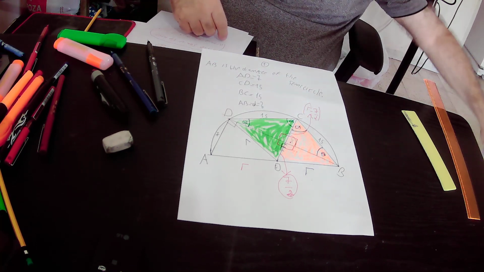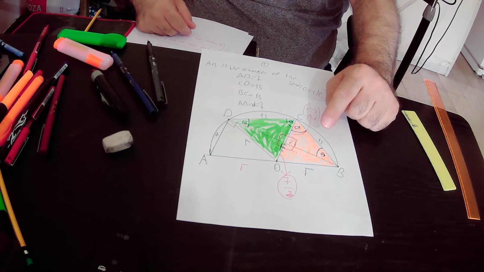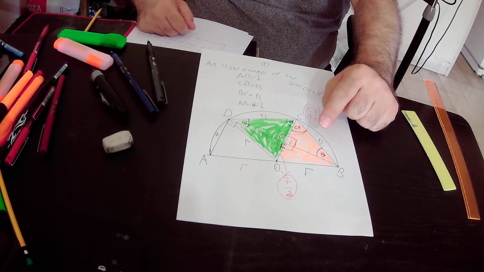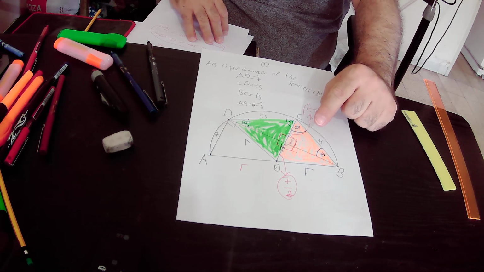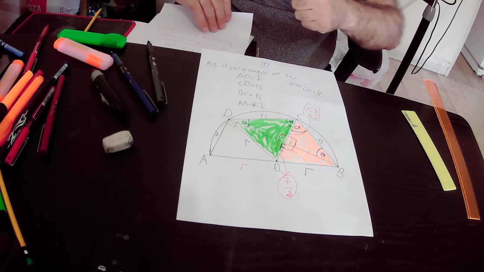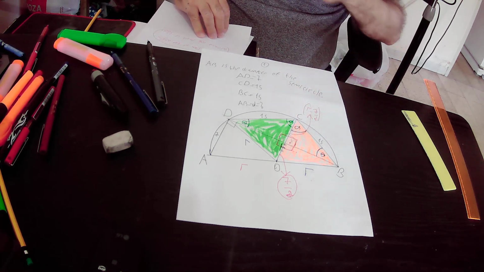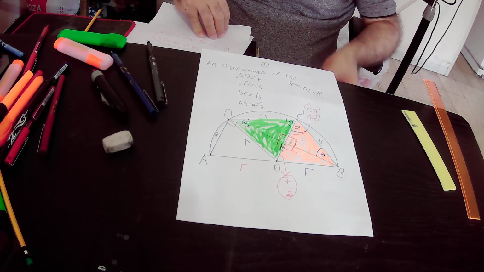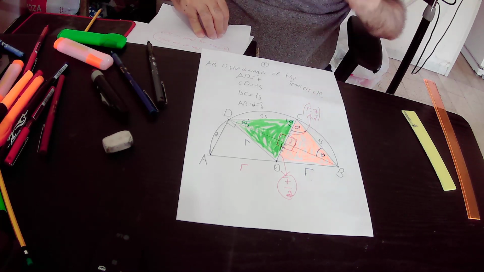So we actually found out that we have around point E 3 right angles, and the sum of those 3 right angles is 90 degrees times 3, which is 270 degrees. But we have a rule that states that the sum of the angles around any point, and especially around point E, must be equal to 360 degrees.